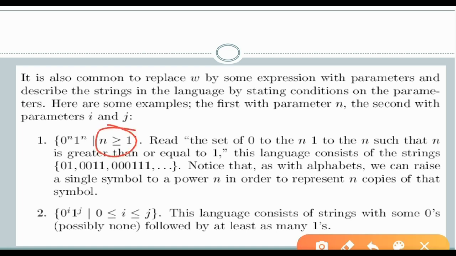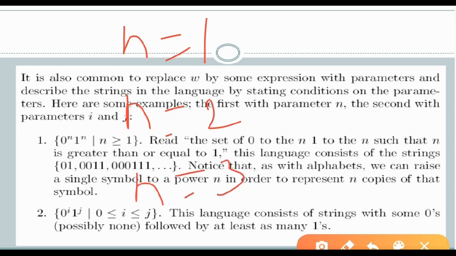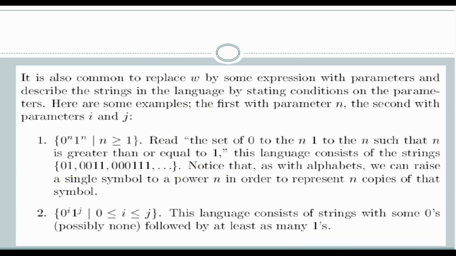So this language consists of the strings where n is greater than or equal to 1. You can take n equals 1, n equals 2, n equals 3, and replace this and write the string here. With n equals 1, you take 0 to the power 1, 1 to the power 1, so it generates 0, 1.